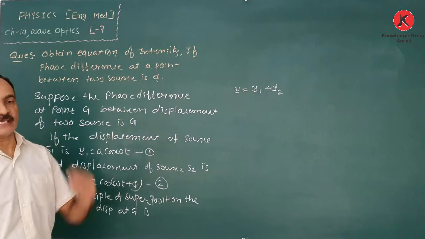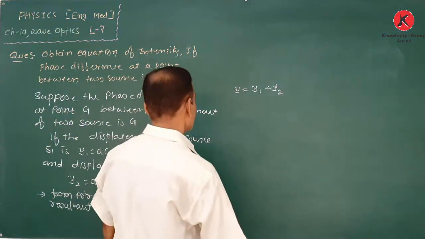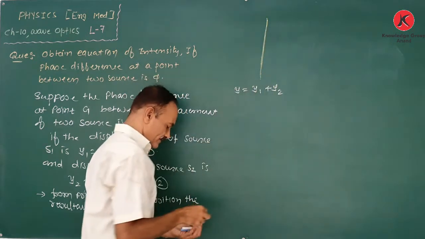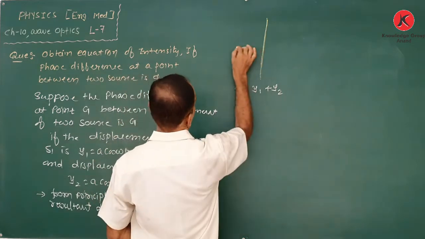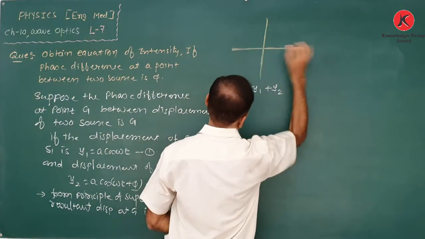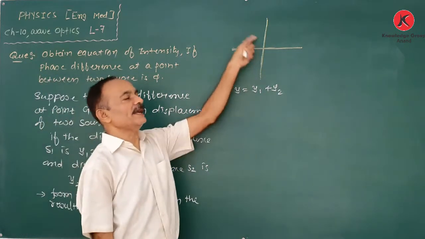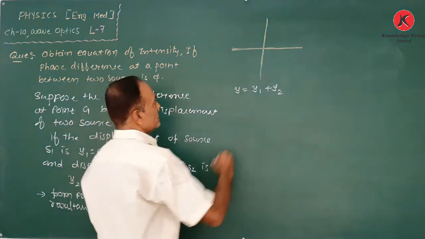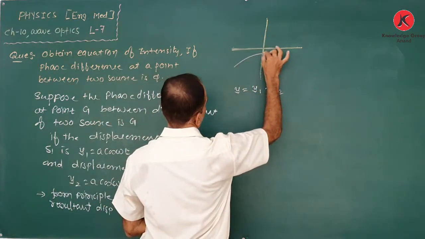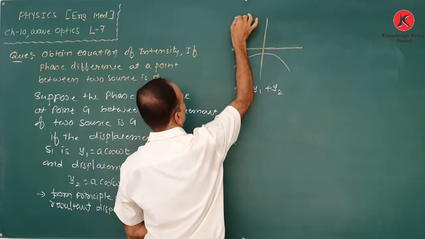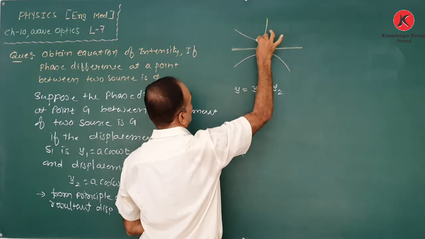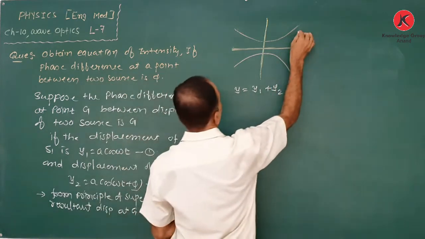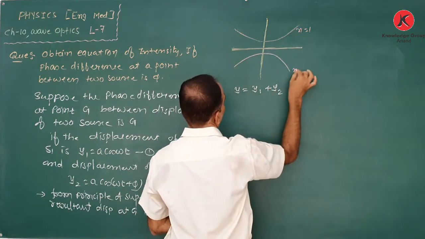Before this, first we draw the diagram. What is the point P? There is a vertical line on the screen. Now there is the central bright fringe, and on either side of it the bright and dark fringes are obtained like this. So there are first order bright fringes on either side of the center, n equal to 1 and n equal to minus 1.